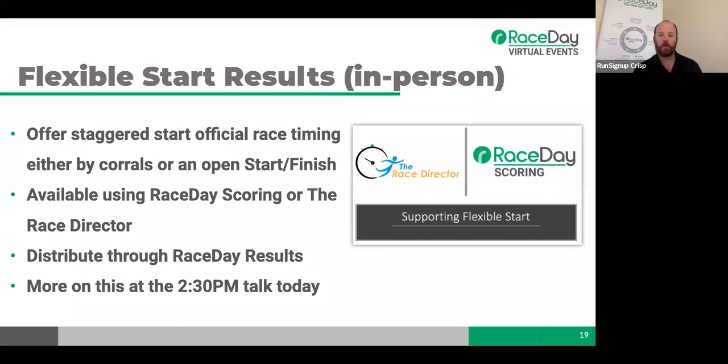You can use both Race Director and RaceDay scoring for this, though I will say for those Race Director users out there, if you've not played with RaceDay scoring, this is where RaceDay scoring really stretches its legs and shows how powerful and useful it is. And Matt and I will be going over how to time in that regard at 2:30 today. And then you can distribute your results through the RaceDay results.